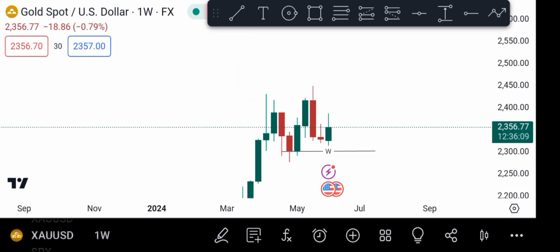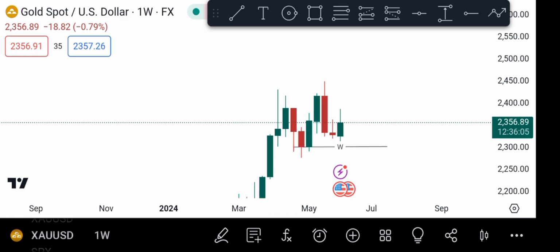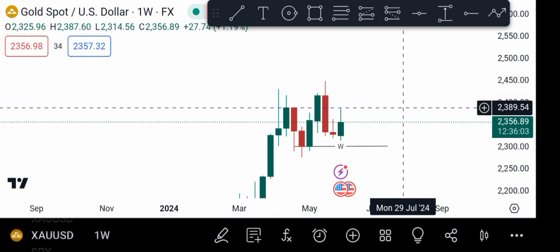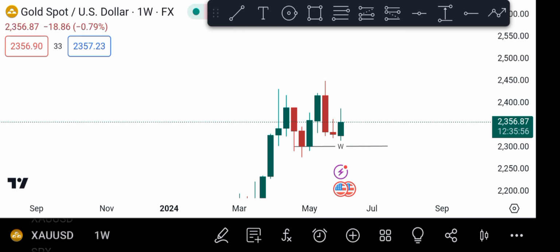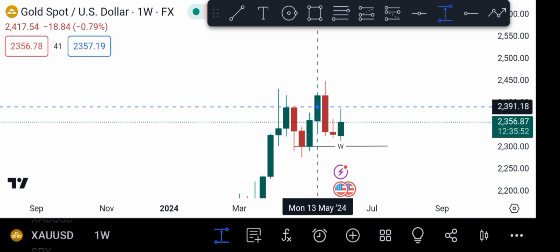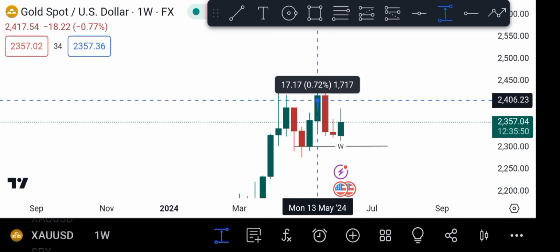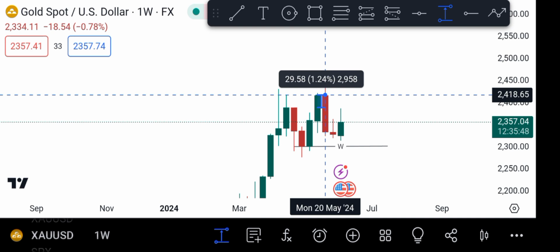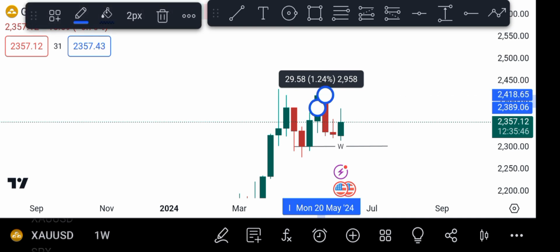Alright, here's the highest high. This should have been the highest high the market formed. If we were trading in this market condition, we should have gotten a lot of pips, let me say 29 pips, before the market started to retrace.